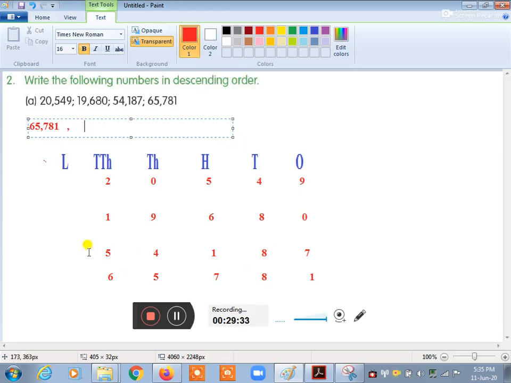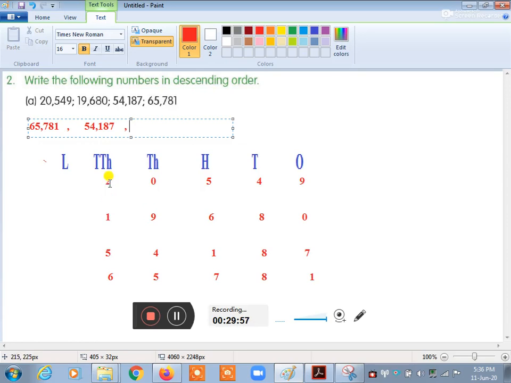And next number, compare 2 with 1. So 2 is the greatest. So compare 2 with 5. So 5 is the greatest. So 54,187 is the next greatest. Then compare 2 with 1.